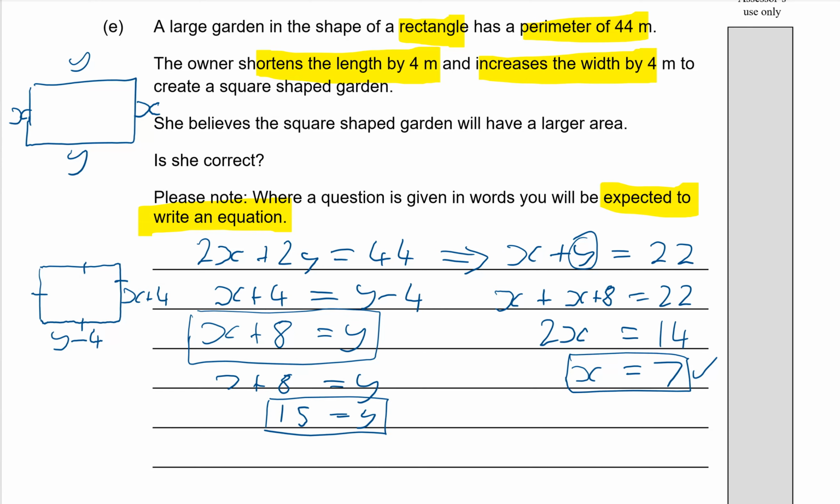Now what is the question actually after? Is she correct? She believes the square-shaped garden will have a larger area. So now I need to find the area of each.